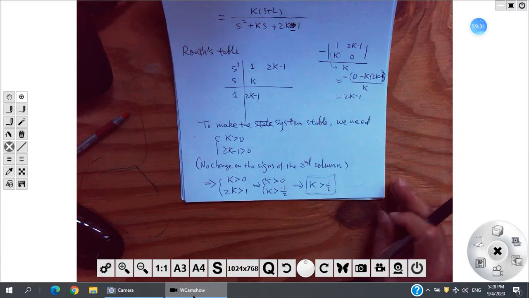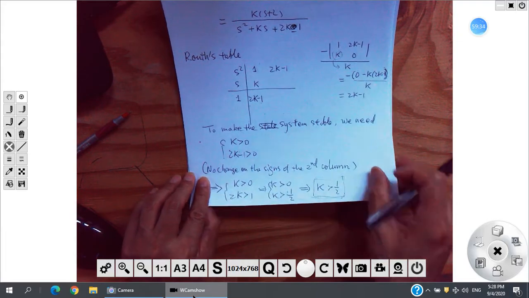We can try a different example, a different way.